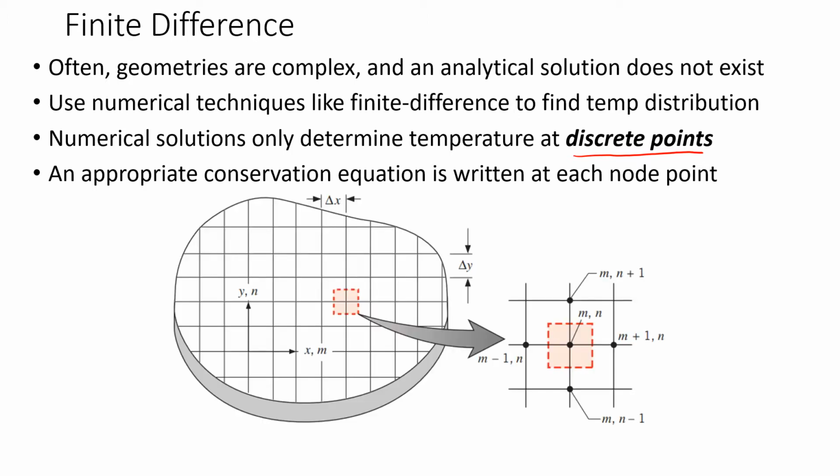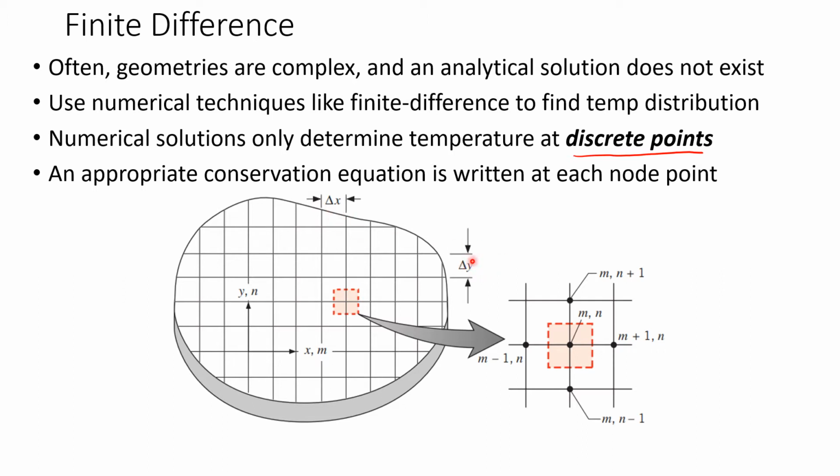Let's say we have a body which looks like this. It has an arbitrary shape. This body is divided into a mesh, into small square cells or small square elements which have dimensions delta x and delta y.